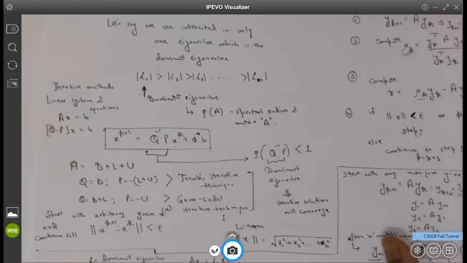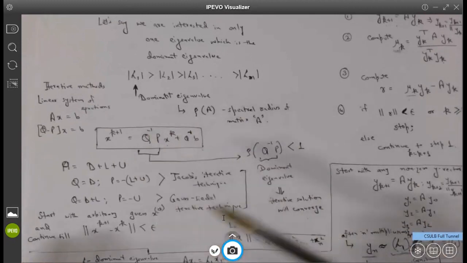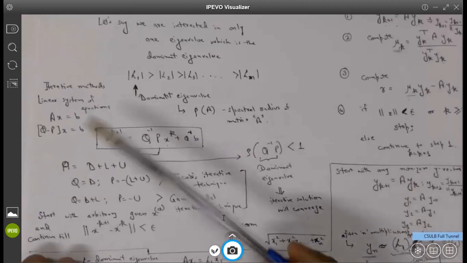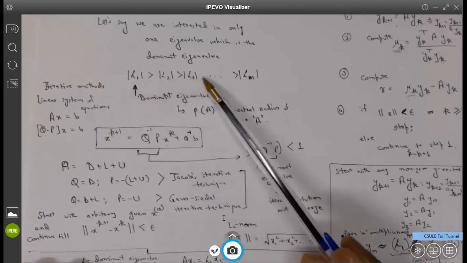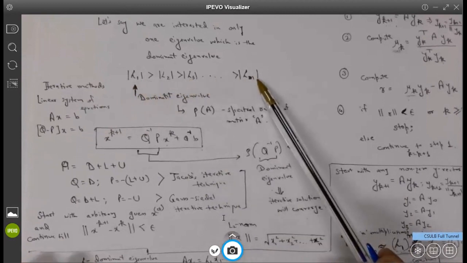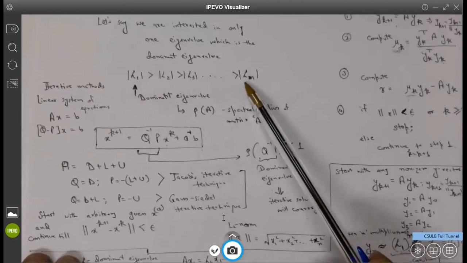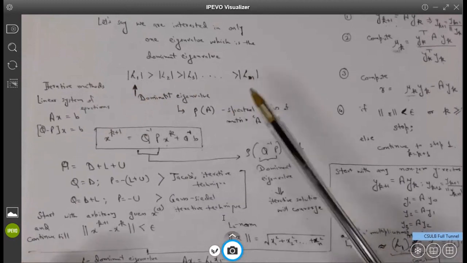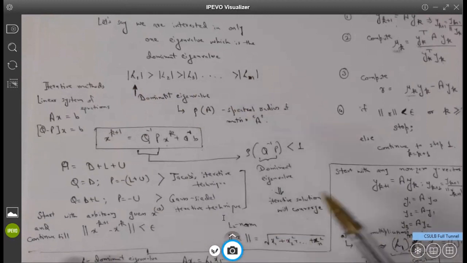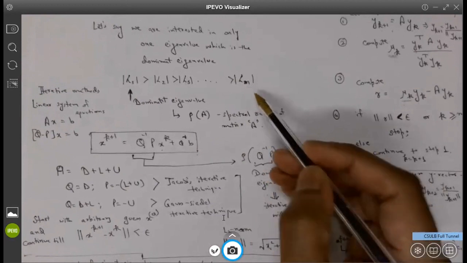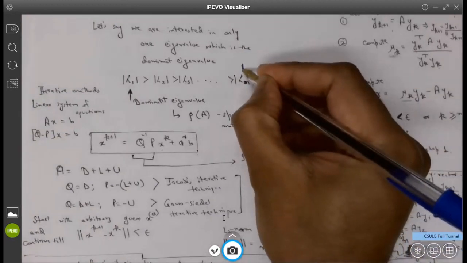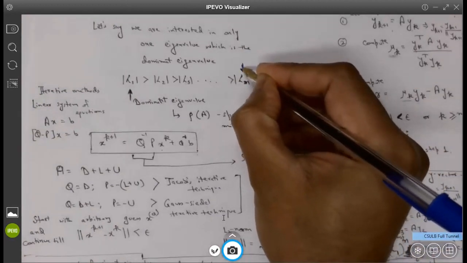Okay. So these are some of the reasons why we care about the dominant eigenvalue. But that does not mean we do not care about the other eigenvalues in the system. Another eigenvalue that you can quickly find using power method is the one which is the least of all.